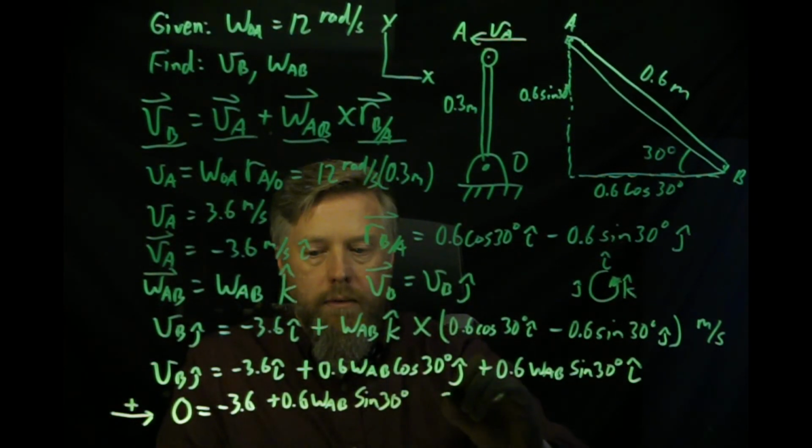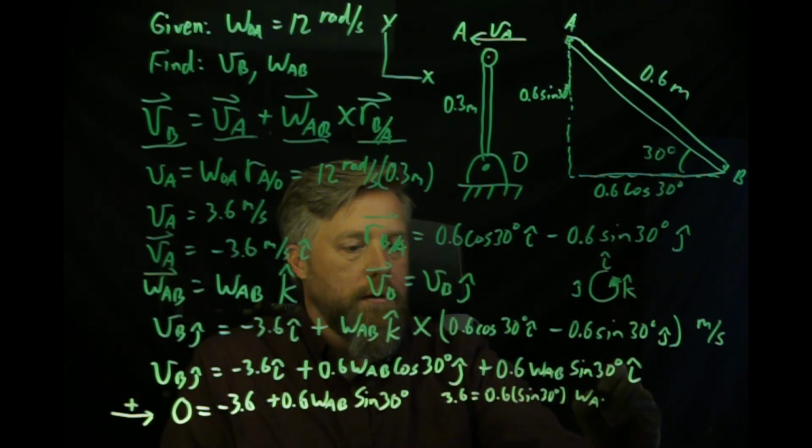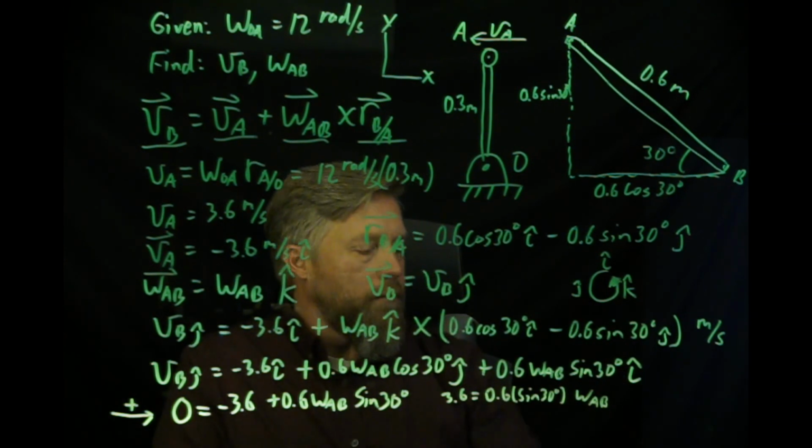We would end up with 3.6 equals 0.6 times the sine of 30 degrees times omega AB. And we can solve for omega AB.